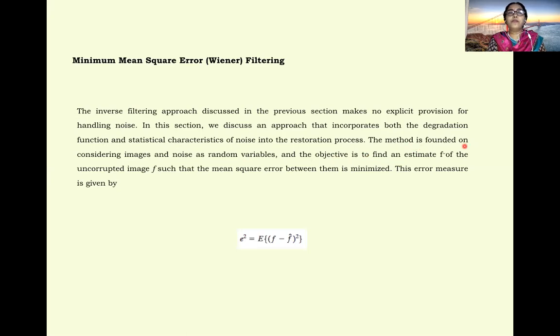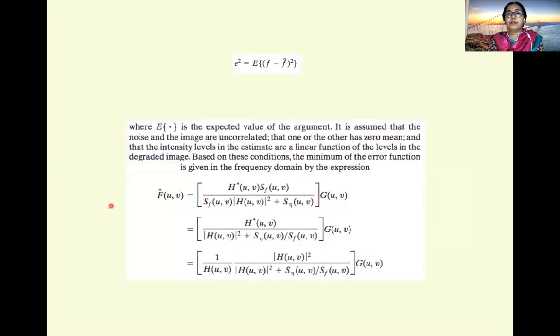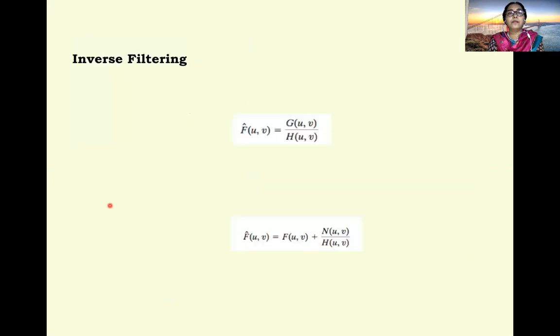The method is founded on considering the image and noise as random variables, and the objective is to find an estimate of the uncorrupted image f such that the mean square error between them is minimized. Therefore, this is the estimate of the original image, and this is the original image. These two should be as close as possible.